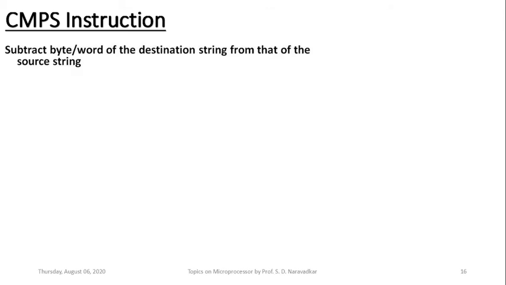It means that comparison of two strings will be performed here: source string minus destination string in a byte by byte manner if it is compare string byte, or in a word by word manner if it is the compare string word variation. So a subtract operation is basically performed, and then the comparison of two strings will be carried out.